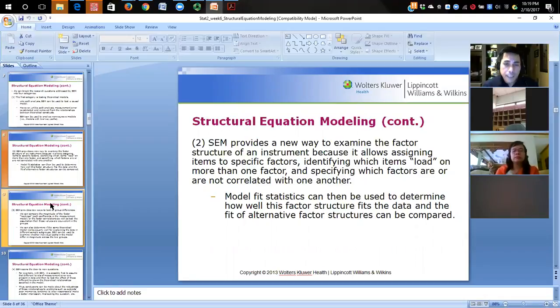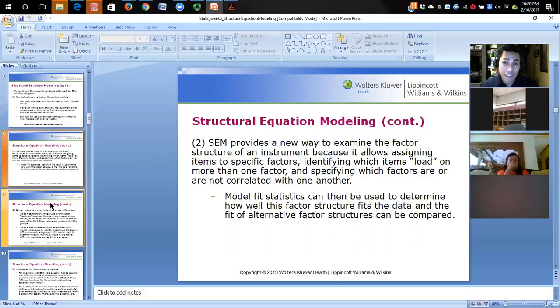The second category for structural equation modeling is that it provides a new way to examine the factor structure of an instrument, because it allows the assigning of the items to specific factors, and items can load on more than one factor. And think about this, factor is really construct, so it can be used interchangeably here.